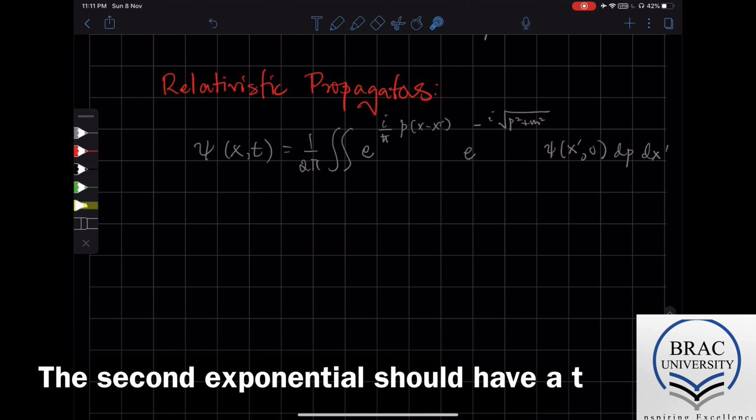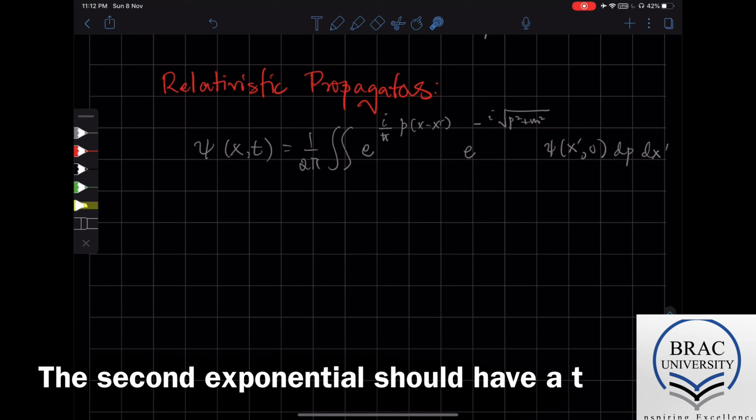Whereas for values of p away from the critical value, the phases will change much more rapidly, and therefore they will tend to interfere destructively. So how do we find the stationary point or the critical point of the phase? Well, that's quite easy. We take the argument of the exponential, which is, say, i times px minus square root of p squared plus m squared times t.